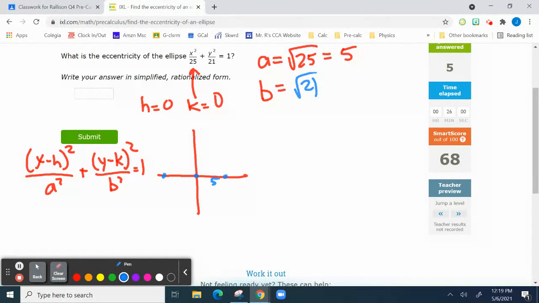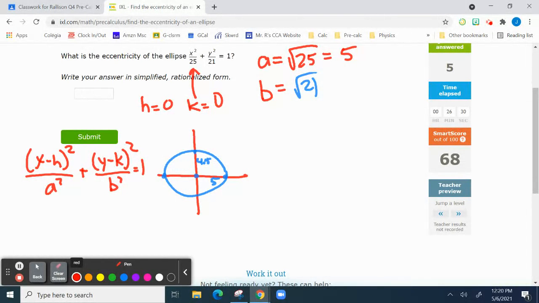And our B, whatever the square root of 21 is, square root of 21 is 4.5 and so on. So that would be like 4.5, somewhere there. And then it's going to go like that, right? But we don't actually have to do that because we already know, what do we know?